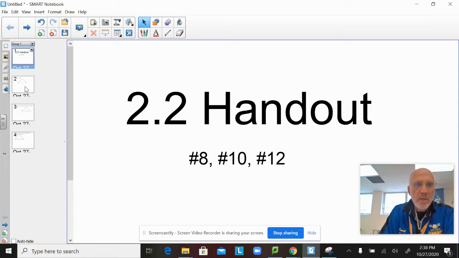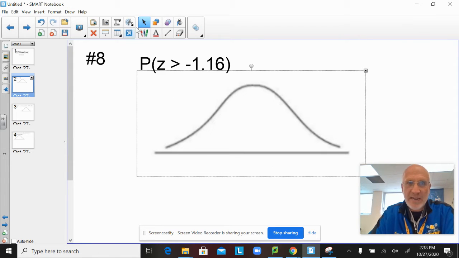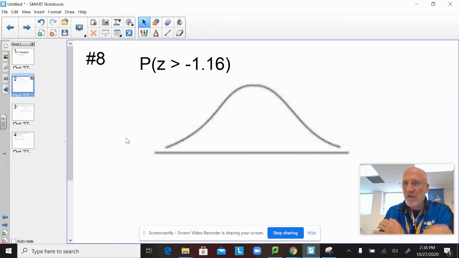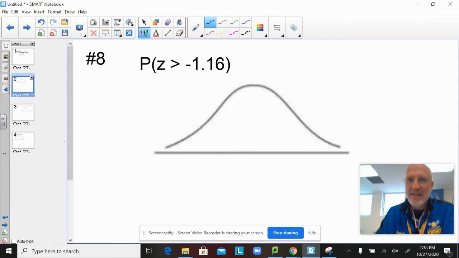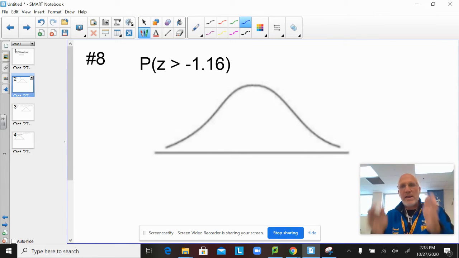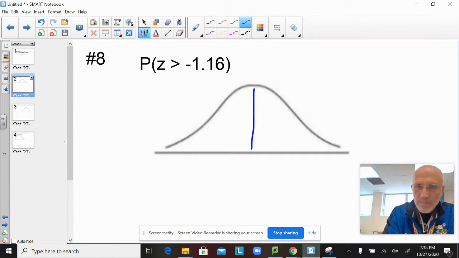So number 8 says it's a standard normal distribution, and it says find the probability that z is greater than negative 1.16. I'm going to continue to encourage you to make a sketch each time. I don't need you to write lines at every standard deviation, but certainly put something down the middle, which, since this is standard normal, is 0.